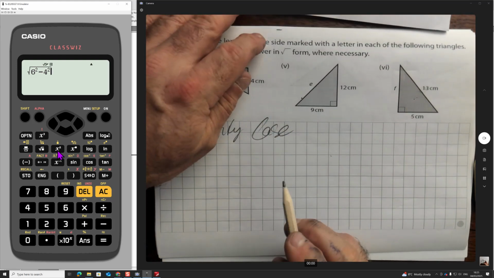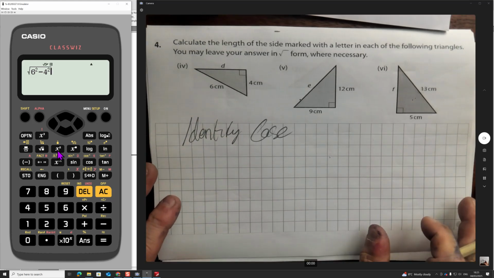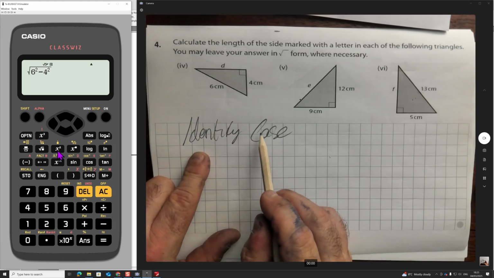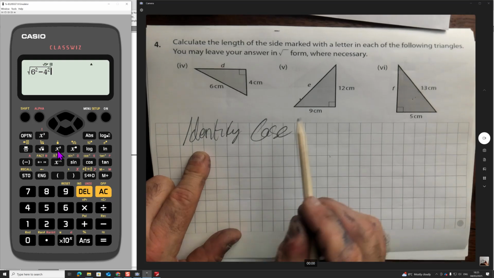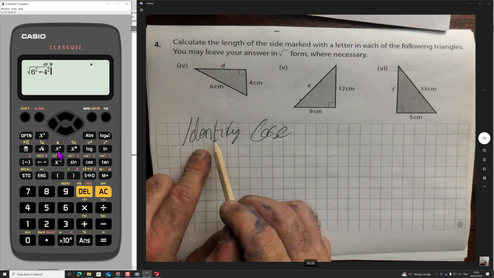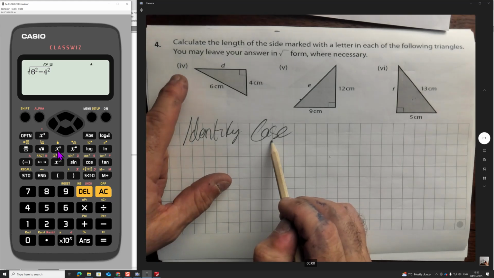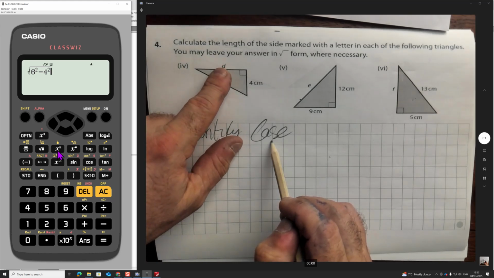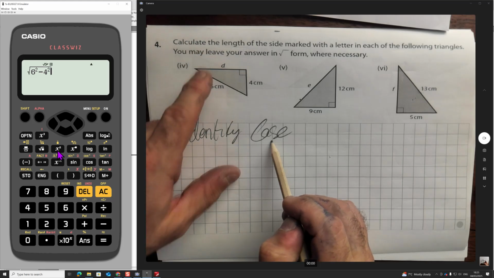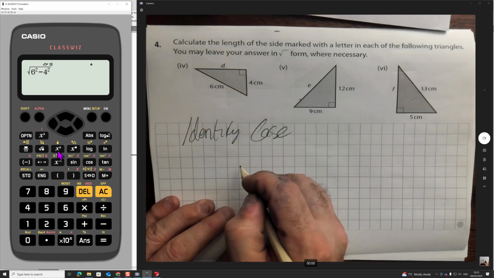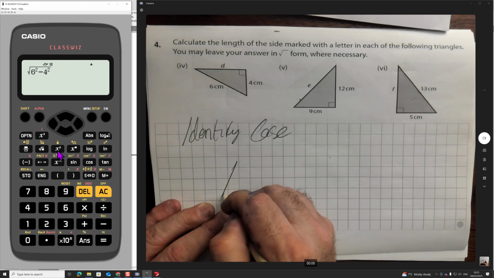I need to get a blue pen, so I'll just finish this one up, and then I need a blue pen as well, just for writing things like this. But I'll have blue pen more than black pen for when there's black writing here. Identify the case, and there's two cases here, so your case, you're getting distance, not area, and then it's either one of two things.